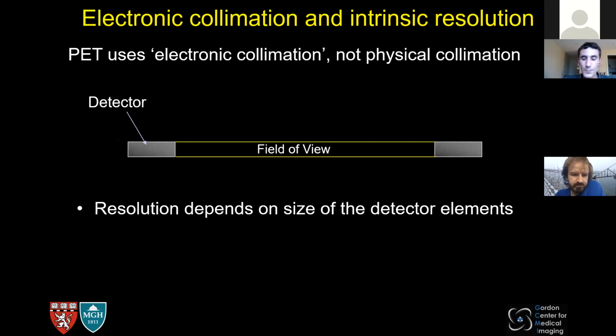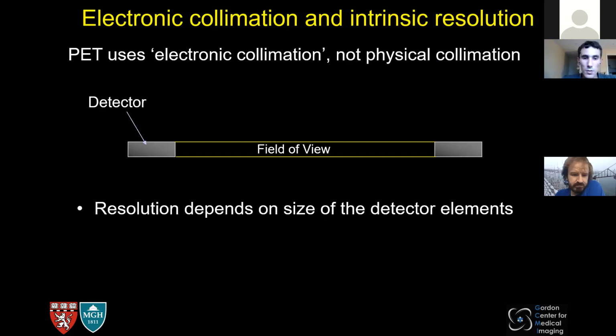For human scanners, the size of the detectors is typically 4 millimeters for whole body scanners. And for small animal, so for mice and rats, for preclinical studies, the scanners have detector elements of about 1 millimeter, so much better spatial resolution.